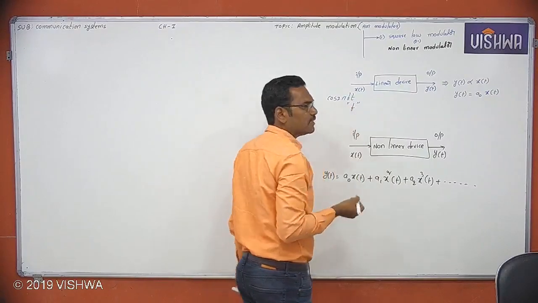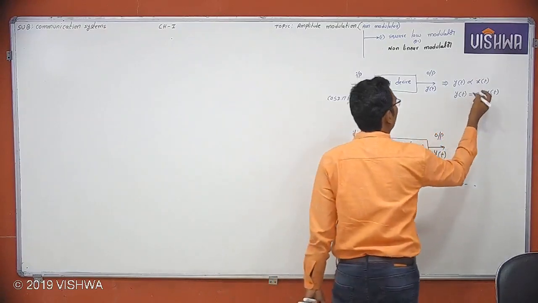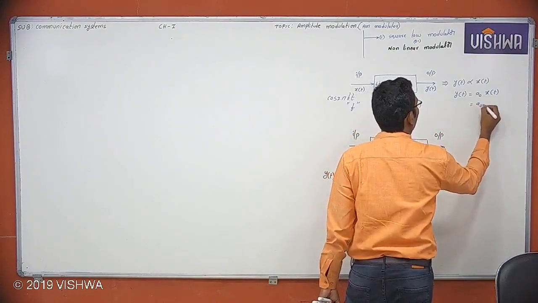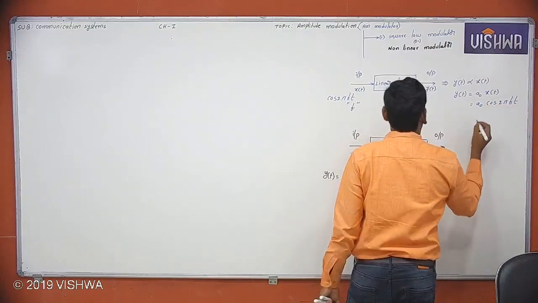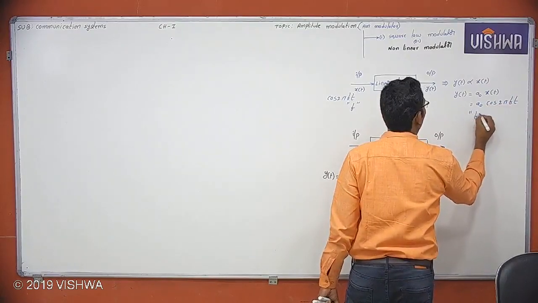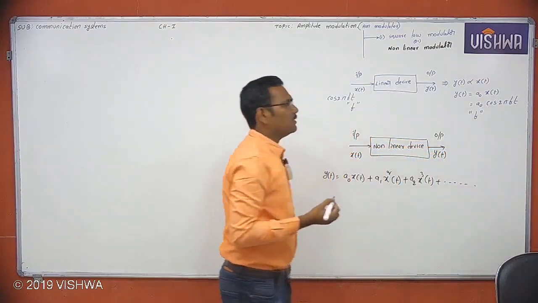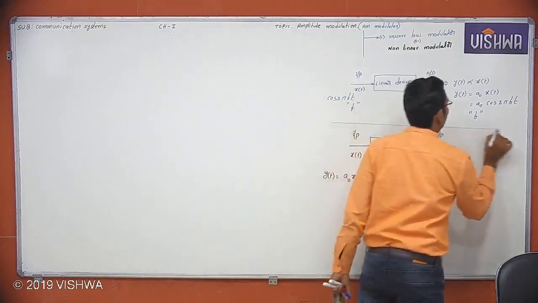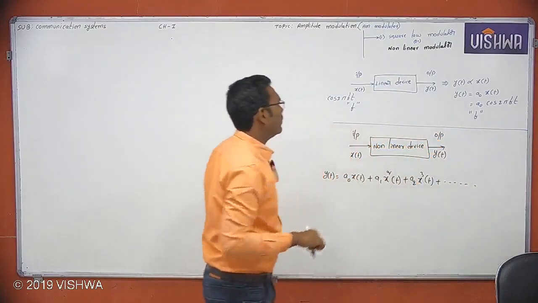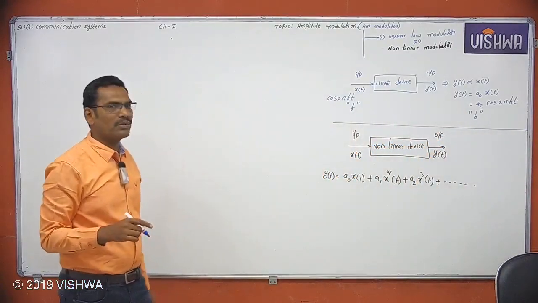What is the frequency at the output side? For the linear device it is a naught into cos 2 pi ft. Therefore, the frequency at the output side is also f.